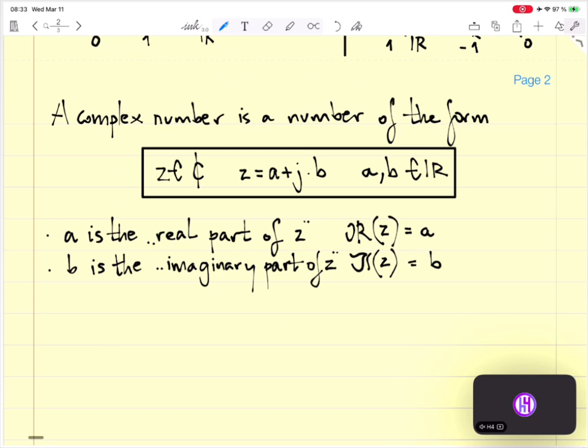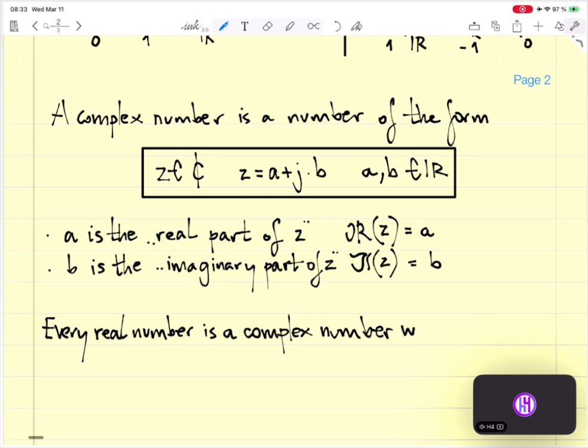So, important disclaimer, every real number is a complex number with b equals 0. Okay?